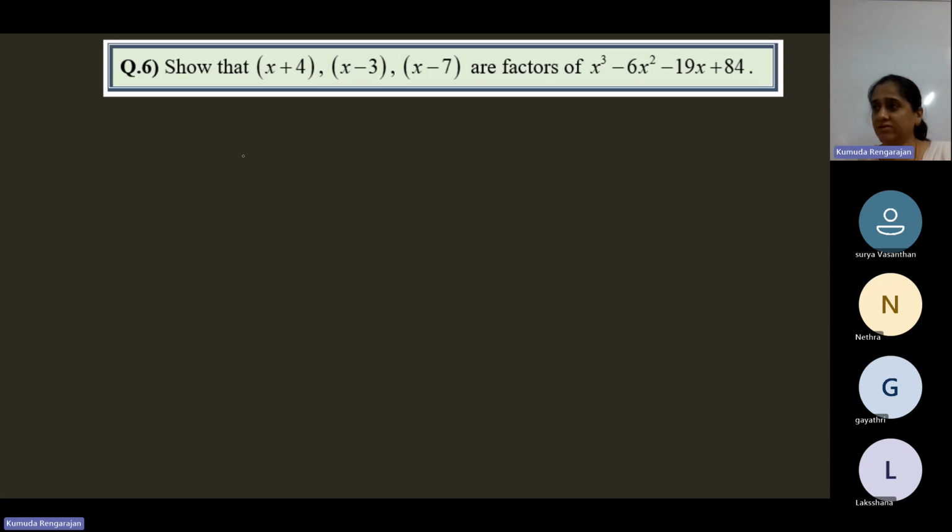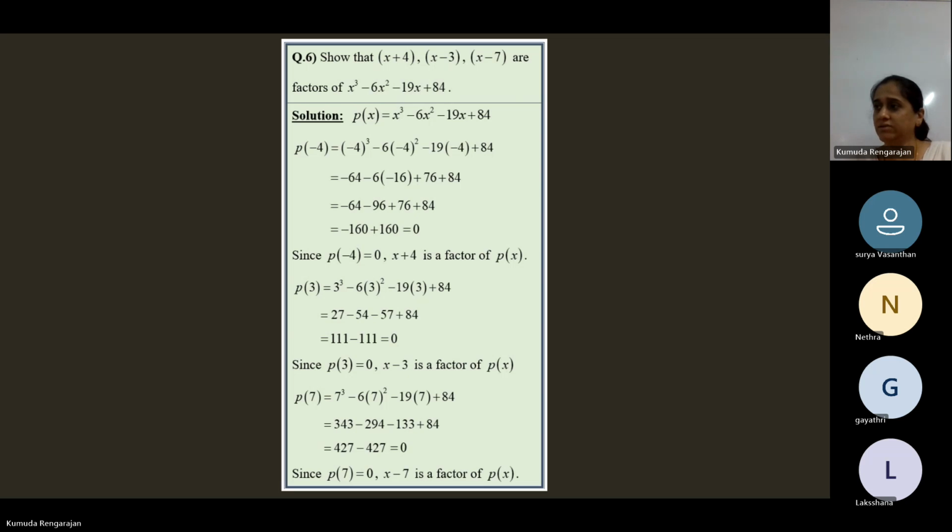I'll just present the answer. Go through it and then work it by yourself, because there is a lot of number work. So see what you have to do. We'll have to find P of minus 4, because it is x plus 4.